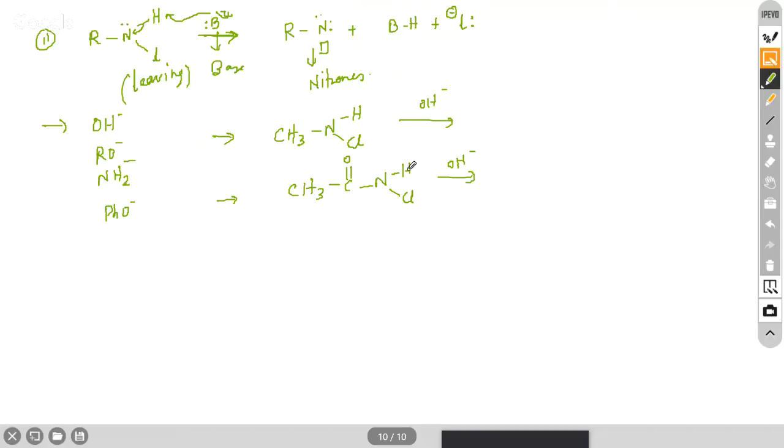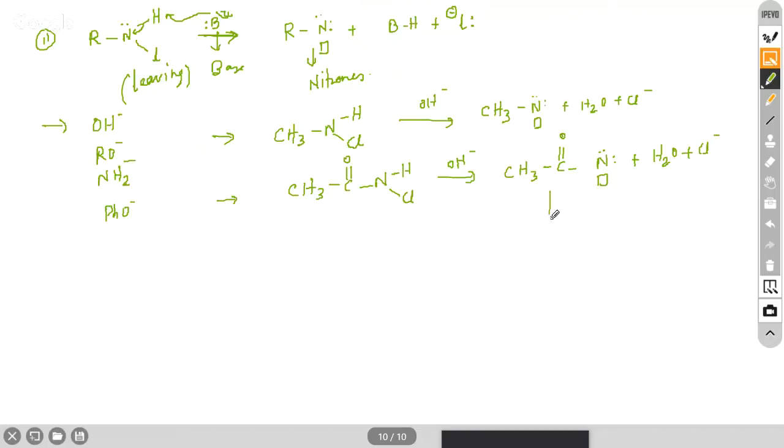Yeah, so there will be Wolff rearrangement in this, right? So here the product will be what? CH3N with a lone pair and one vacant p orbital, H2O plus Cl minus, and here first we will get CH3-C double bond O with two lone pairs and one vacant p orbital, plus H2O plus Cl minus.